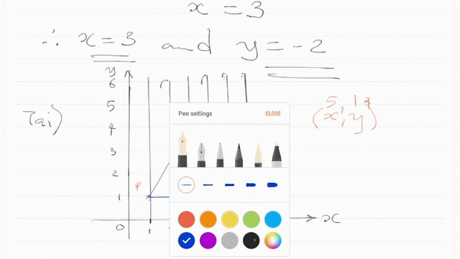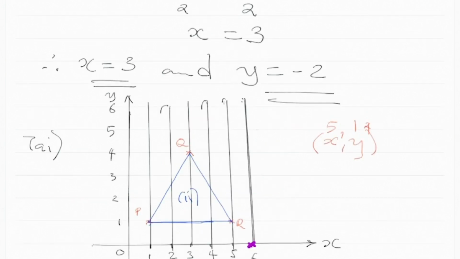Now, the graph of x equals 6 is a straight line. After identifying the 6 value on the x-axis, just get a ruler and draw a straight line. So this is now the graph of x equals 6.